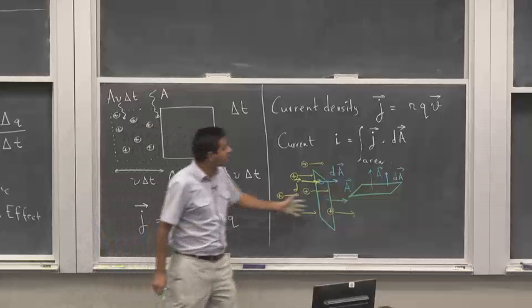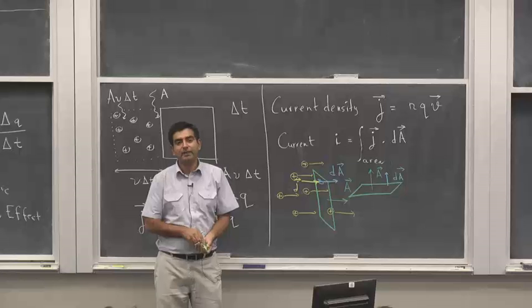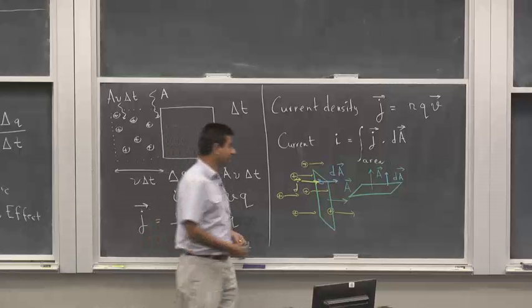Now this is an example of a uniform current. We can have more examples.